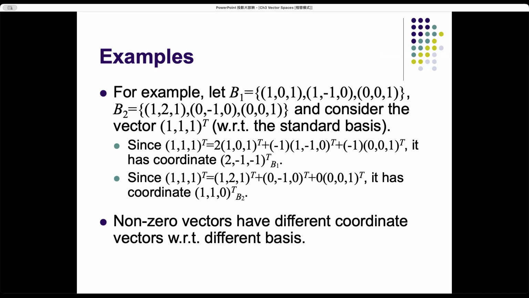This is also with respect to a certain basis, right? But if you do not write anything, we assume this is with respect to the standard basis. What is the standard basis? (1, 0, 0), (0, 1, 0), (0, 0, 1), right? That's the standard basis.